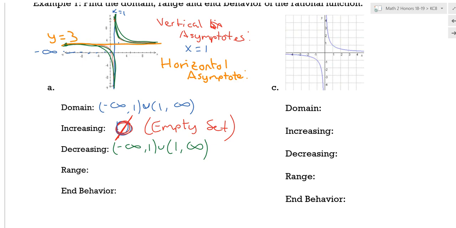So again, our range starts at the bottom, down here. It goes, and it gets stuck. It has to jump over the fence at 3, and then it keeps going up forever. Okay.